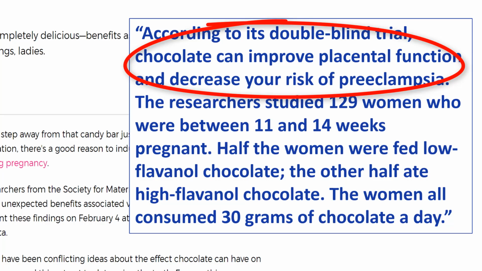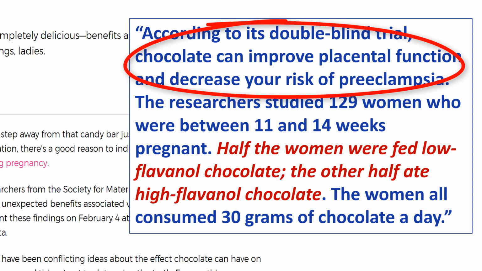Look at the following. Half the women were fed low flavanol chocolate, the other half ate high flavanol chocolate. What you'll notice here is that, as John Oliver pointed out in his exposé of this particular study, there was no control group that looked at the rates of preeclampsia for women who didn't eat any chocolate at all, because that wasn't the focus of this specific clinical trial.